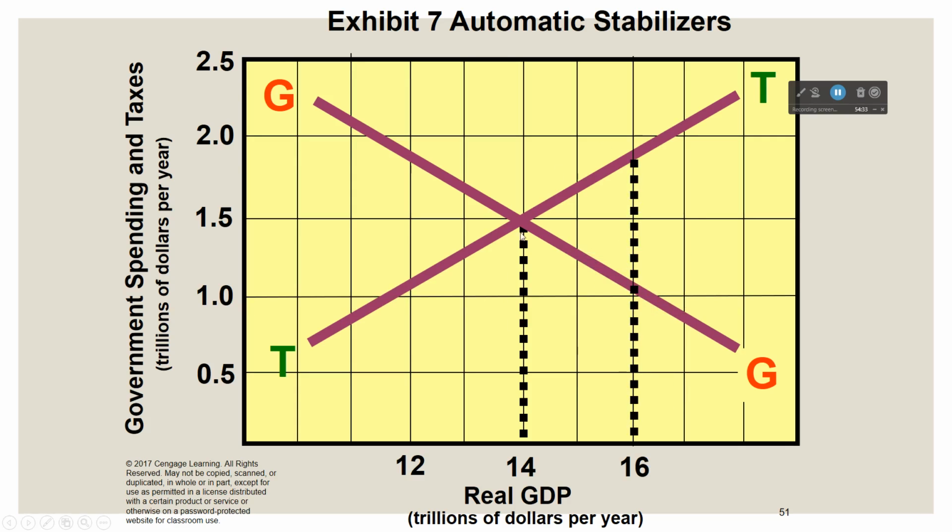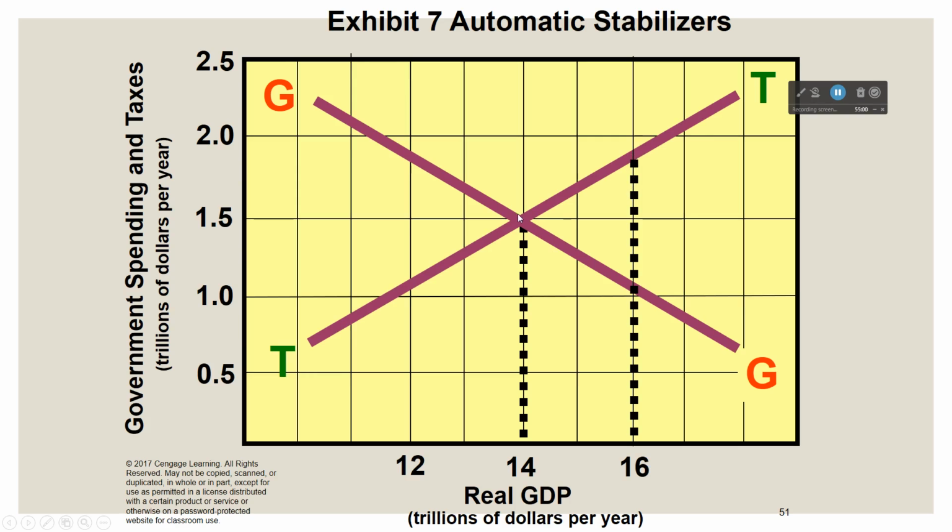So here you can see, here we're at what we call full employment output, and the government's budget is somehow balanced. If the economy overheated, that would cause tax revenues to increase as people went up in their tax brackets and made more money.